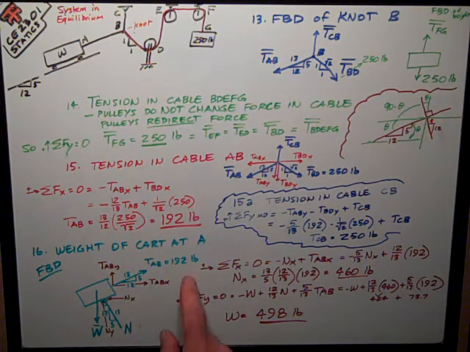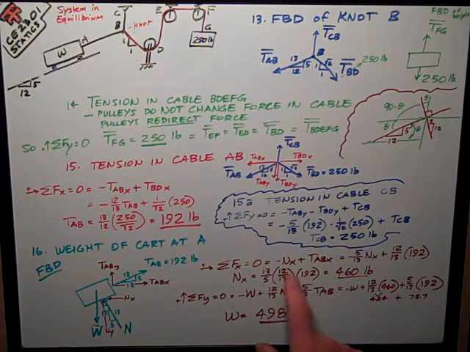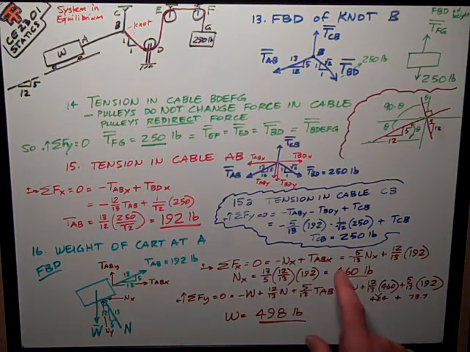And I can see that if I solve for the sum of forces in the X direction, the weight has no force in that direction, so I just get negative NX because it's to the left, and I've assumed positive to the right, plus TABX, which is positive because it's to the right. I do the components.